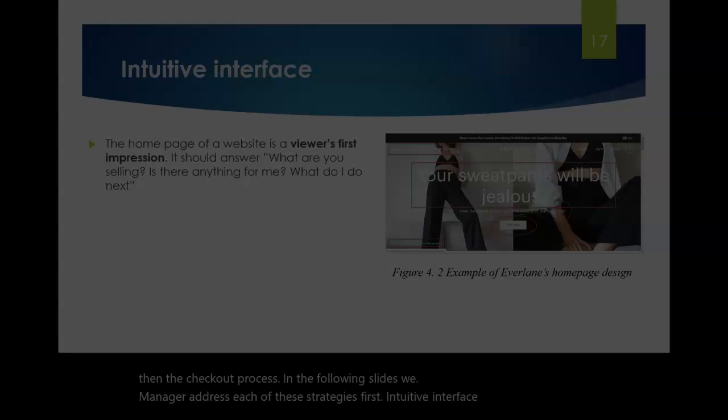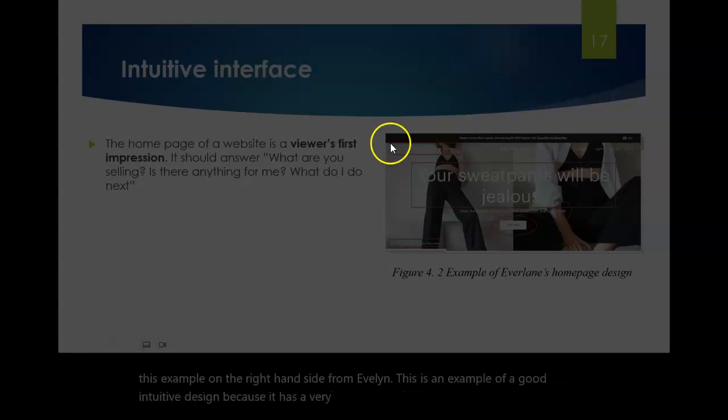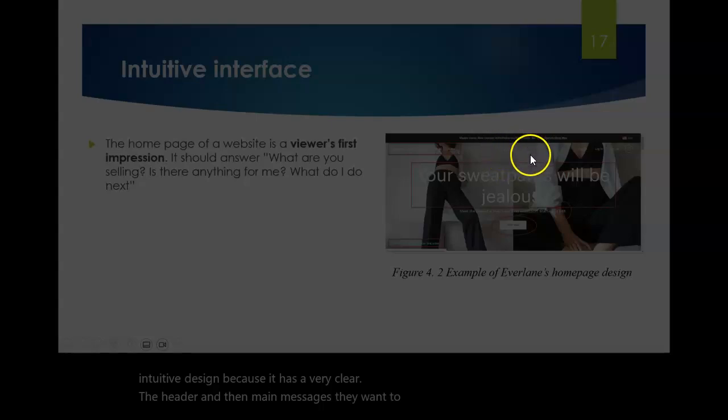So take a look of this example on the right hand side from Evelyn. This is an example of a good intuitive design because it has a very clear header and the main message they want to deliver. The logo is in the top center.